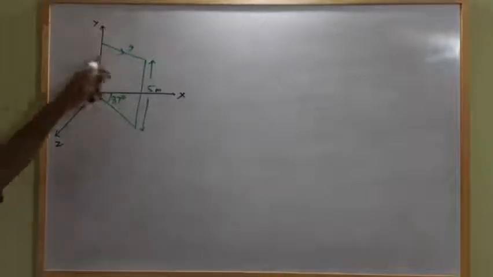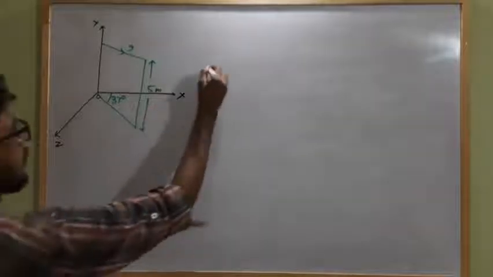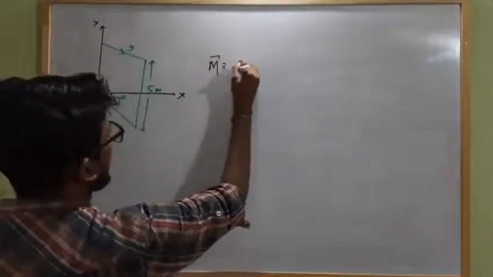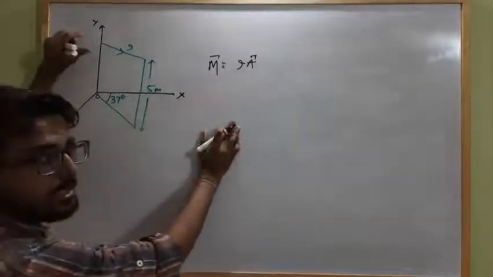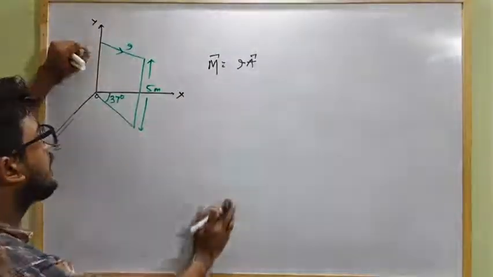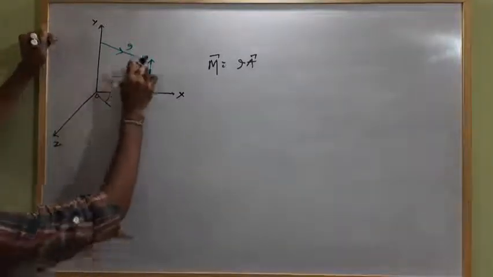So for any surface, the area vector will be how much? For this, the dipole moment can be written as M equals I into the area vector. So what is the area vector for any segment? We can calculate the area vector as the cross product of any two adjacent sides.